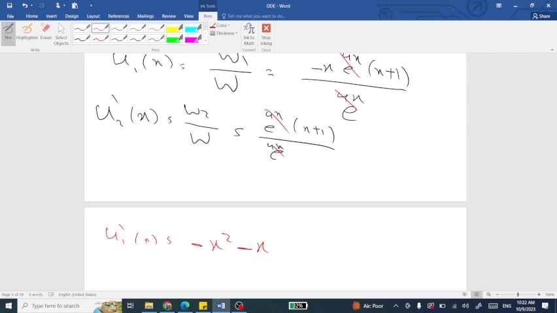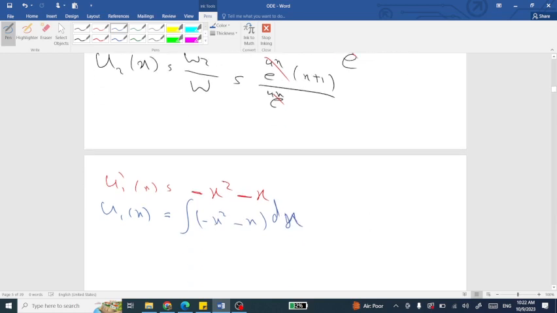Integral, thank you. We are going to find U1 of x. U1 is equal to what? U1 is equal to the integral of minus X squared minus X dx. And I will get what? Minus X to power 3 over 3 minus X to power 2 over 2.